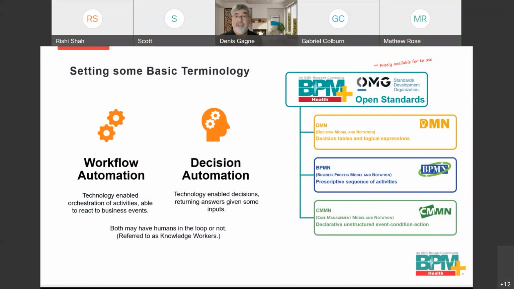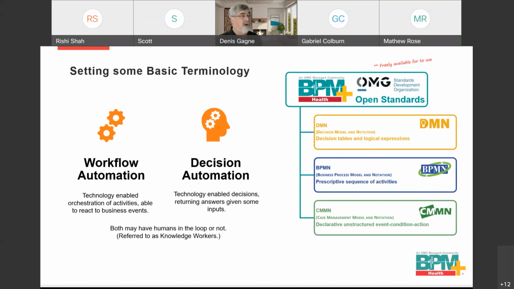And on the decision automation point of view, we really mean technology that enables decision returning an answer given a particular set of inputs. And by the way, these can be with human in the loop or with no human in the loop. Normally we'll refer to them as knowledge worker or subject matter expert.